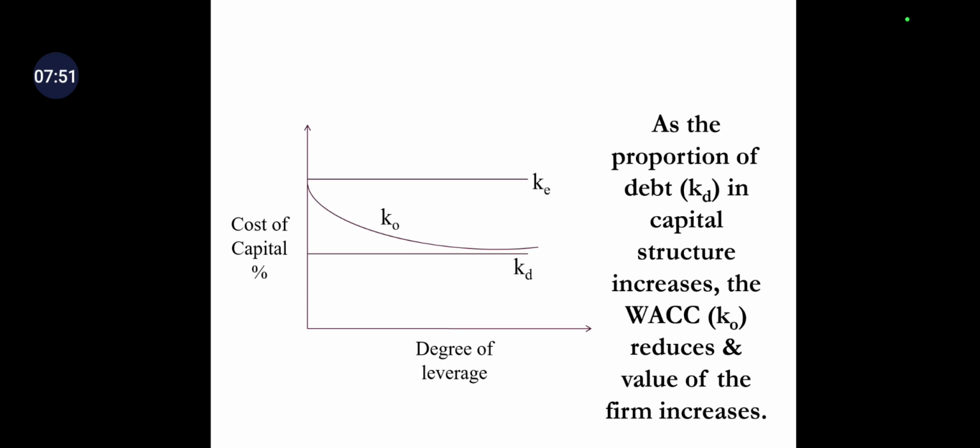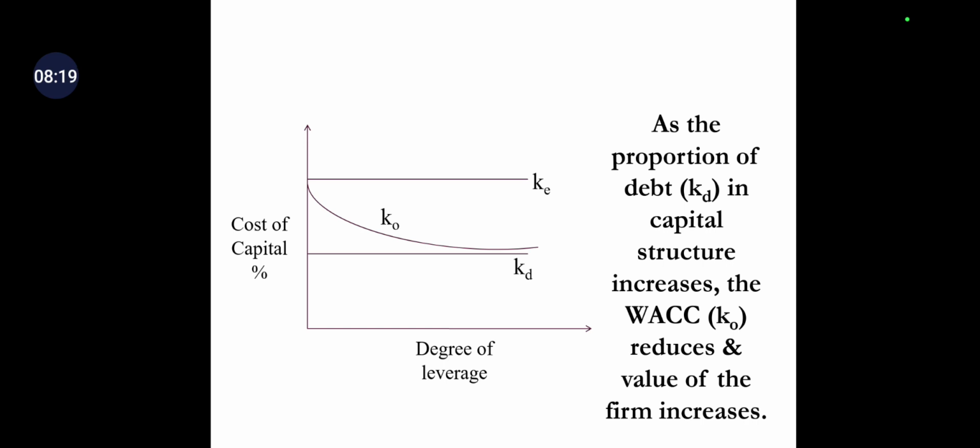What happens to KO? See here, from top to bottom it goes down, there is a curve. The overall cost of capital decreases. So KO is decreasing. This diagram can show the NI argument.